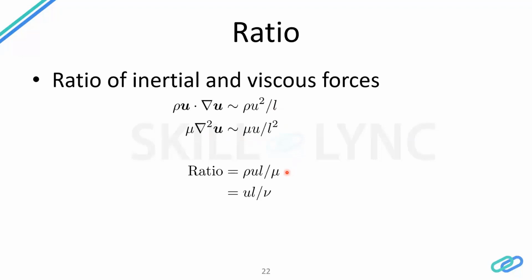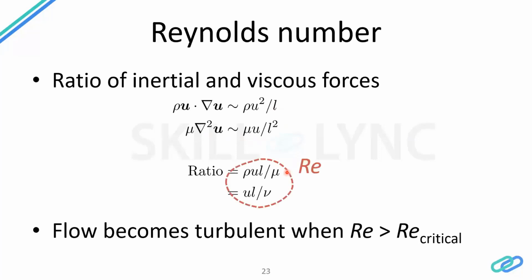At this point, some people might be recognizing this ratio, which is the Reynolds number. And we have learned in our graduate and undergraduate books that the flow becomes turbulent when the Reynolds number is greater than some critical Reynolds number, which is usually 2000 for simple pipe flow. So the Reynolds number can be interpreted in this way, that it's a ratio of inertial and viscous forces.